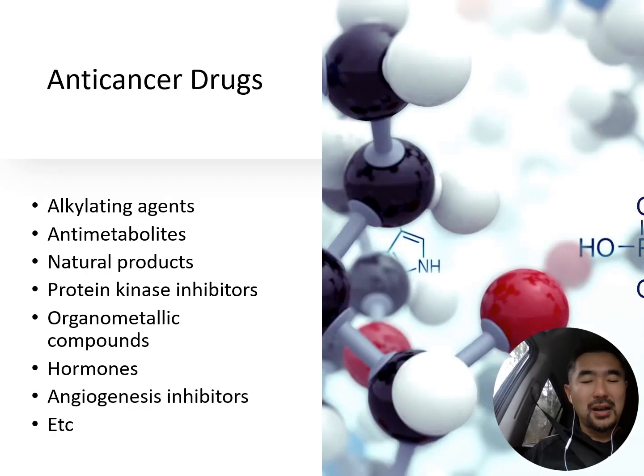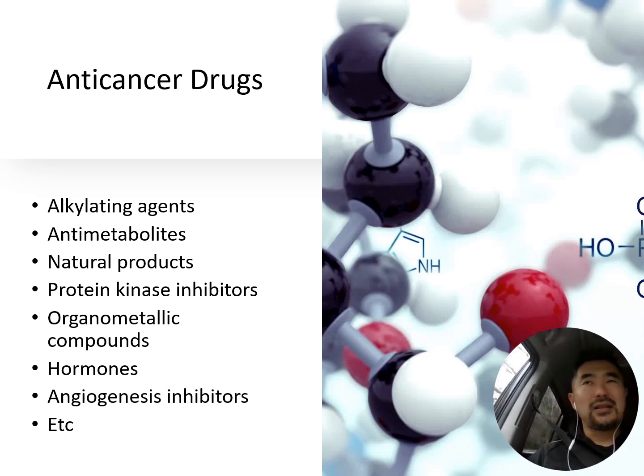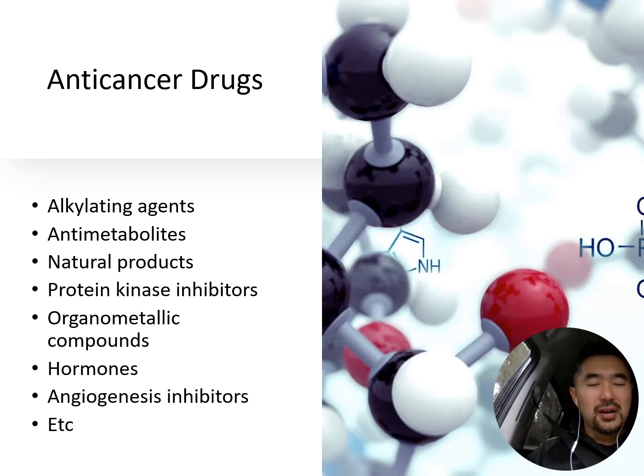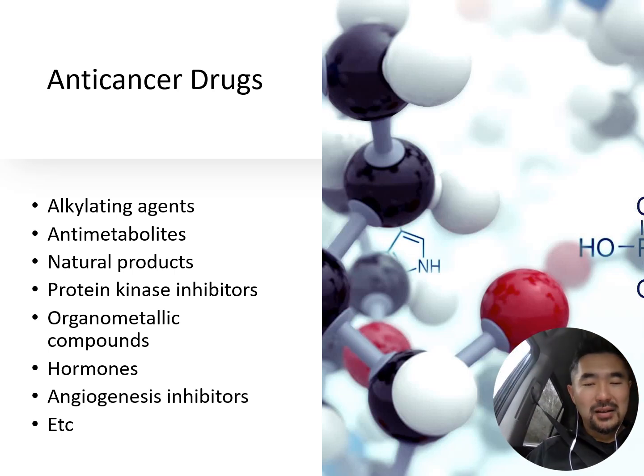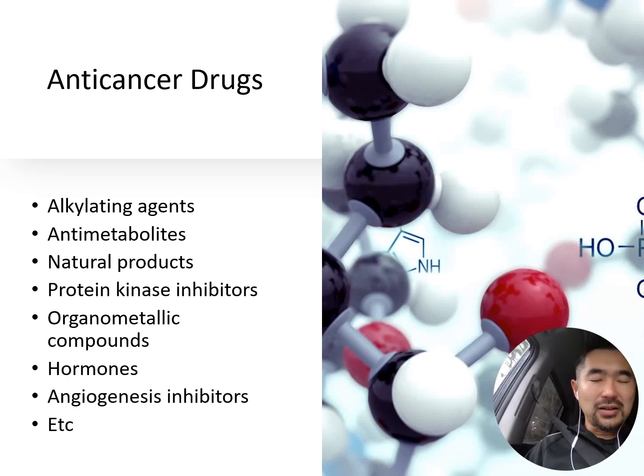So that's the plan. And there are different types of anti-cancer drugs. That's not really one category, at least as far as the chemical mechanism goes. These are some different categories you could think of. Alkylating agents being used as anti-cancer drugs. There's a class called anti-metabolites. We'll talk about those.